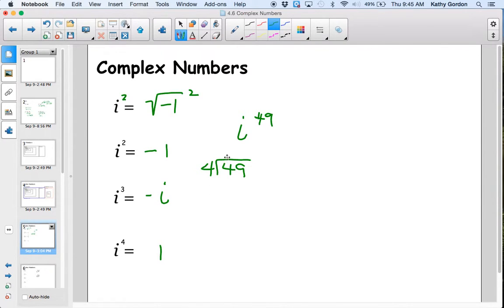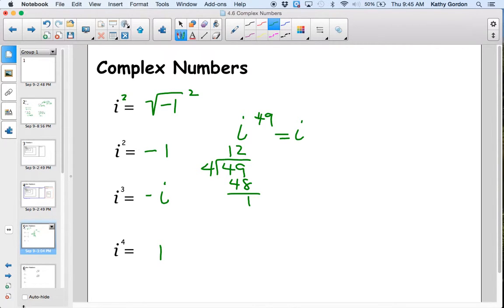So 4 goes into 49 twelve times, gives me 48, and then what's the remainder? 1. So that's how far we go beyond the cycle. So I've gone through the cycle 12 times, 48, 49. So i to the 49th is really just equal to i. Okay, kind of cool.